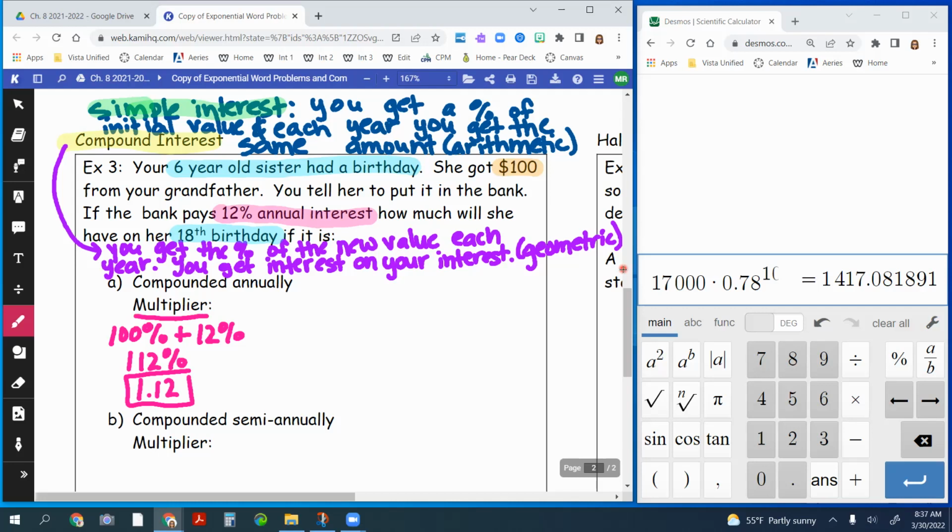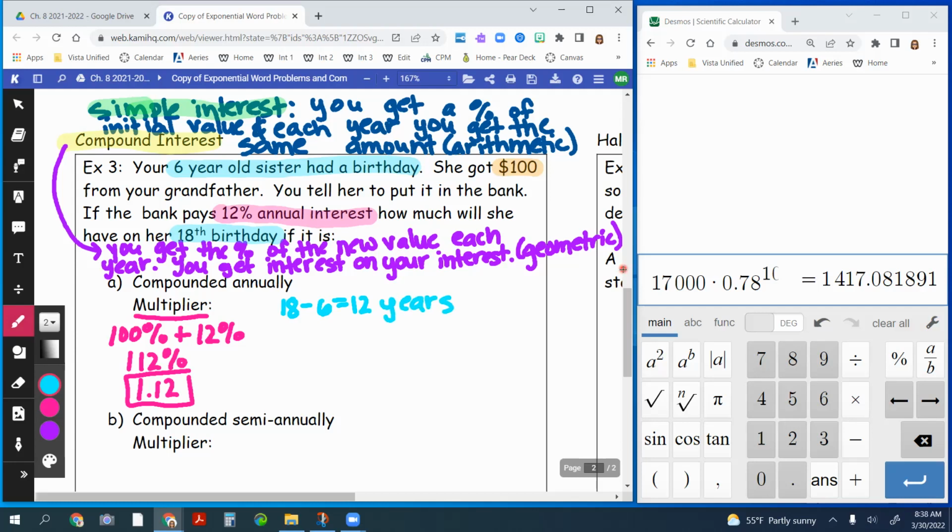Now we want to know how much she has on her 18th birthday. So for that, we are going to be taking 18 years minus 6. So she's going to have this for 12 years.